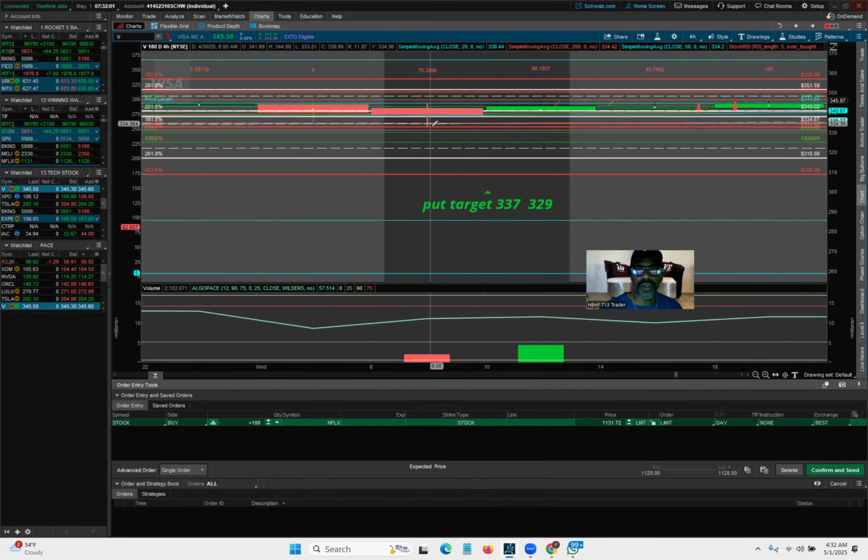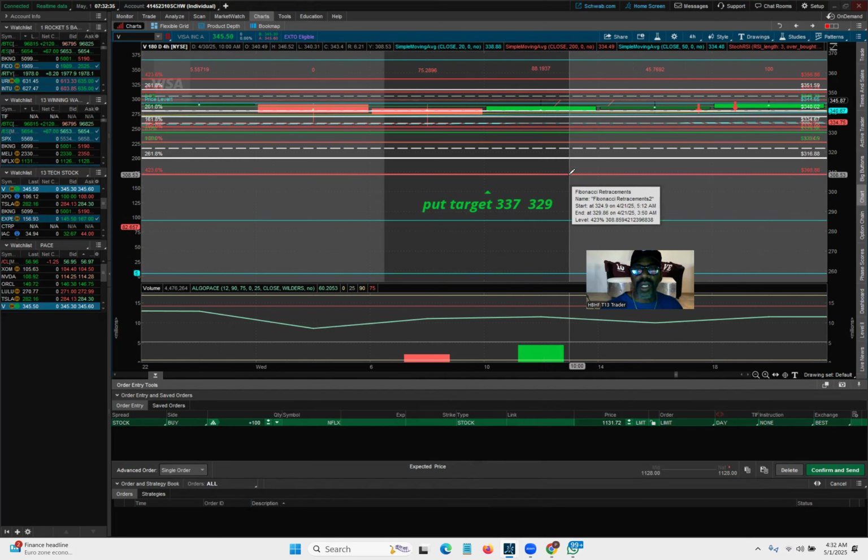Because remember, if it doesn't hold support on this market low and it starts moving this way, then you're hitting your targets here, 329, which is 321, and then now you have 30.